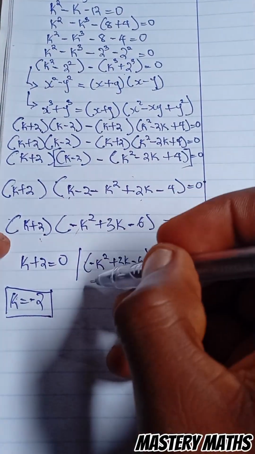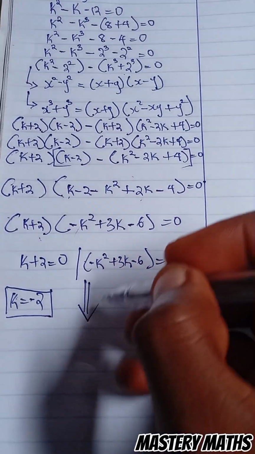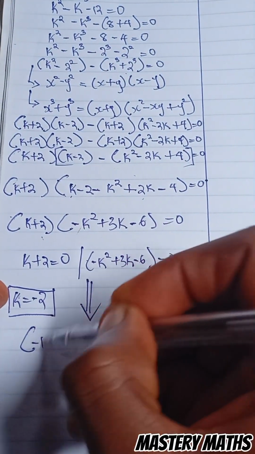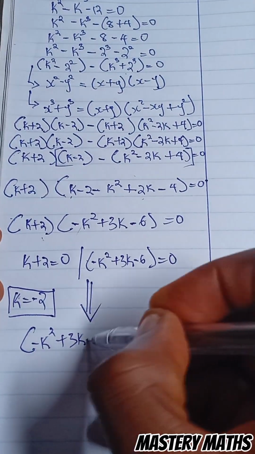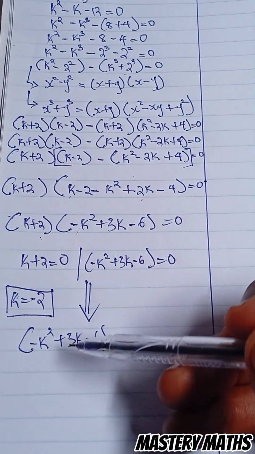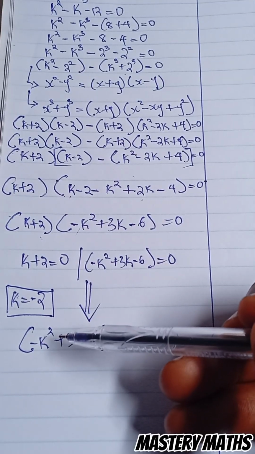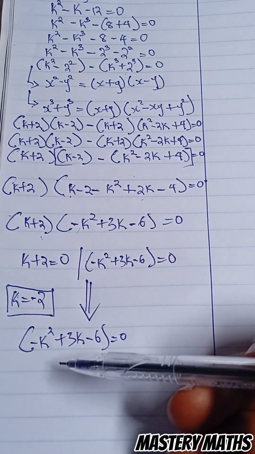Now, let's work on the second one. On the second one, you're having minus k squared plus 3k minus 6 equal to 0. If you watch now, for the fact that the k having the square has a negative sign, it's wrong to work with the negative aspect of it.